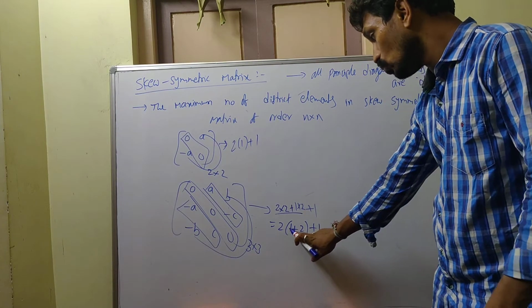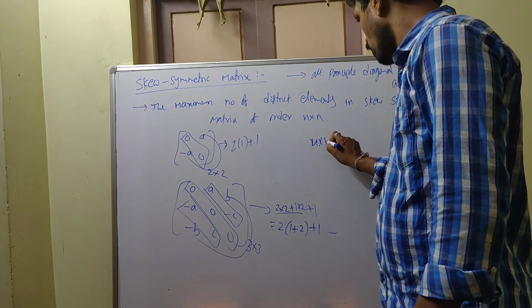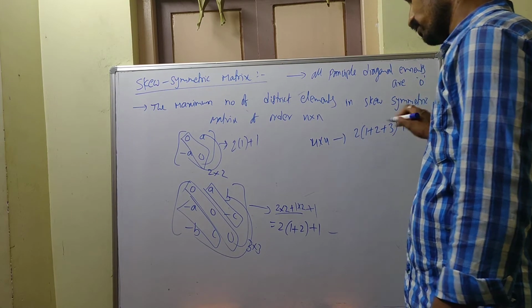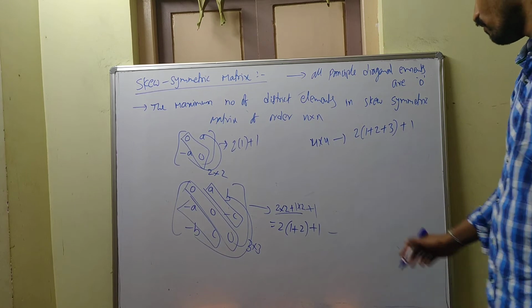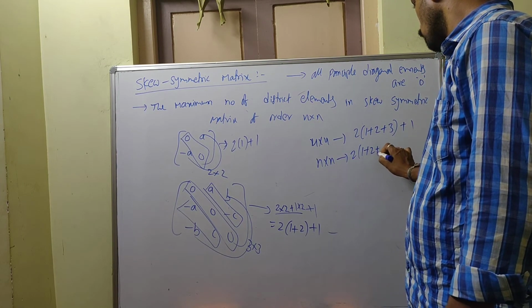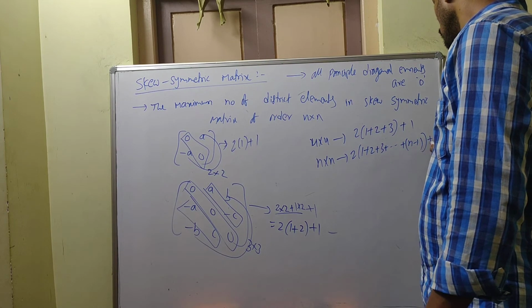For our convenience you can write like this: 2 into 1 plus 1. For 3 by 3, 2 into 1 plus 2 plus 1. For 4 by 4, similarly, 2 into 1 plus 2 plus 3 plus 1. For n by n, 2 into 1 plus 2 plus 3 plus up to n minus 1, plus 1.